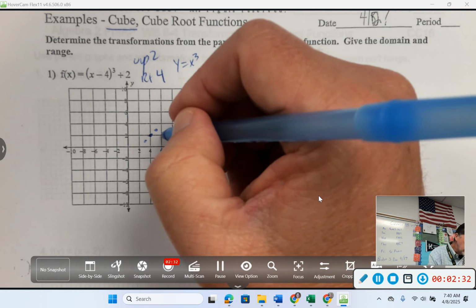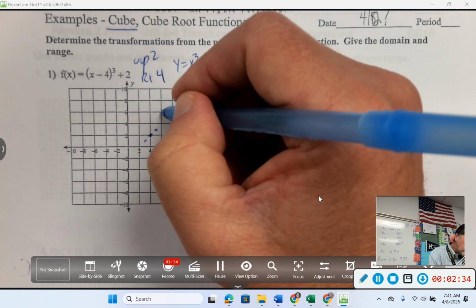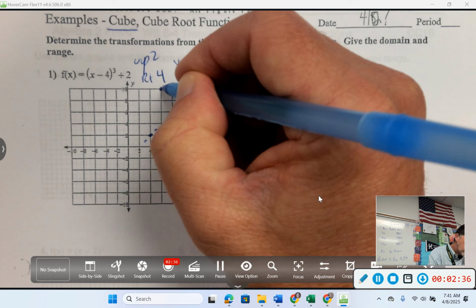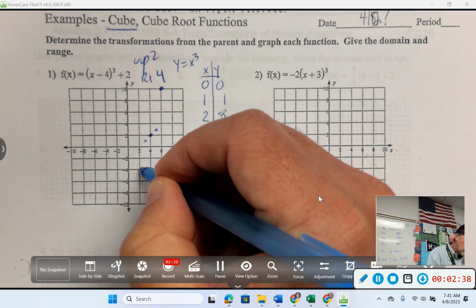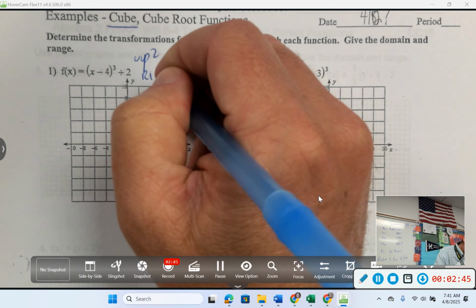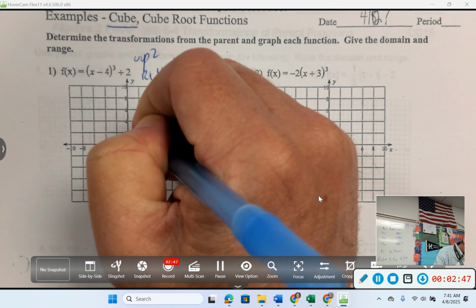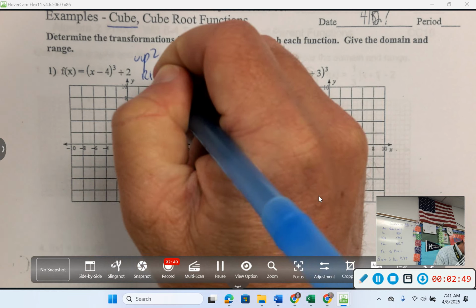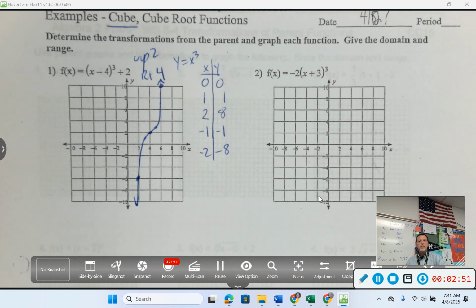And then over 2, up 8. 2, 4, 6, 8. And so there's our cubic graph. Lovely.